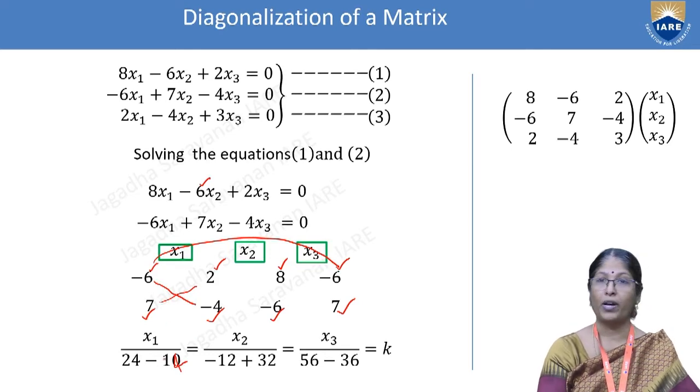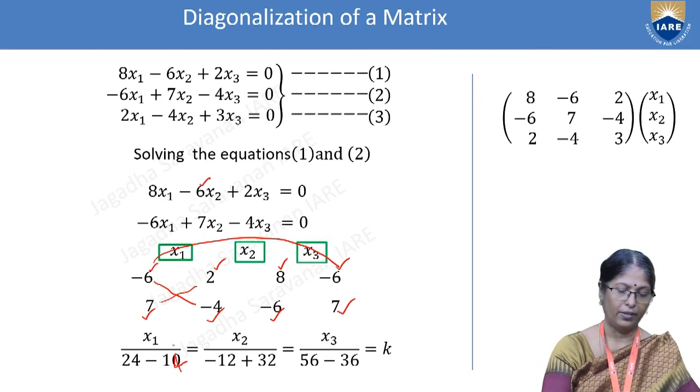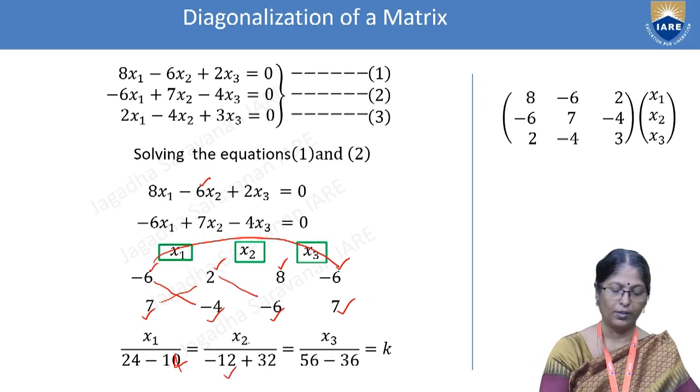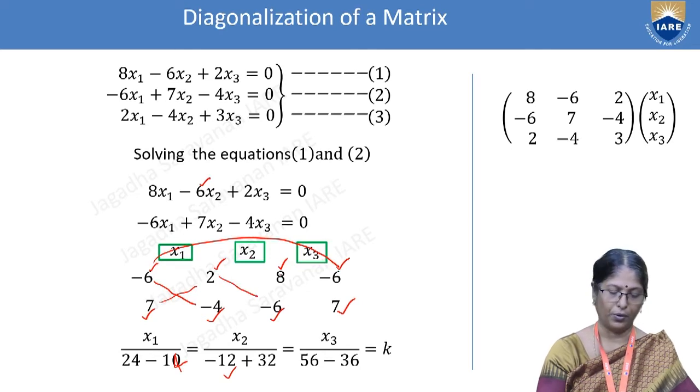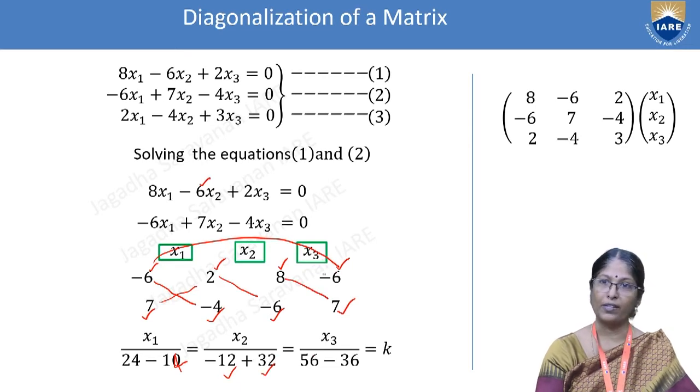So 24 minus 14. Next, x2: this is minus 12, this is plus 32, this one 56. Here minus of this one is plus 36. So minus of this cross, minus of plus 36 is minus 36, equal to k.